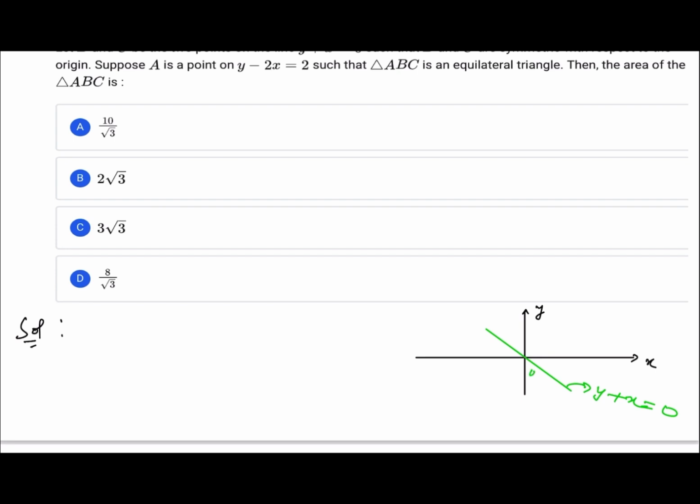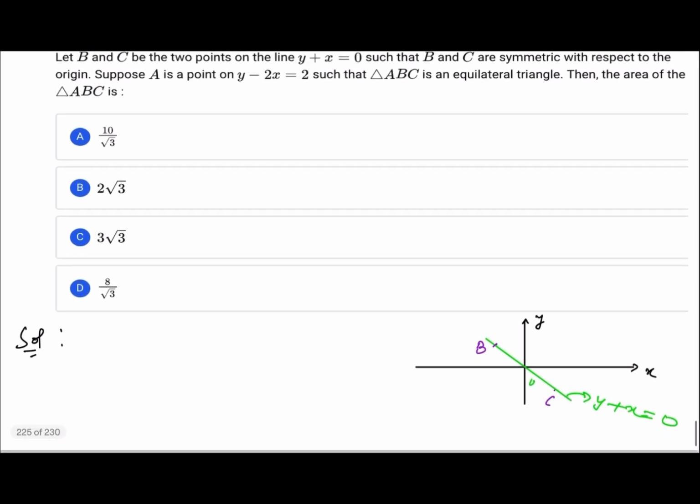So say B is here and C is here. As both points are symmetric, it means the distance of B from origin and the distance of C from origin are equal.